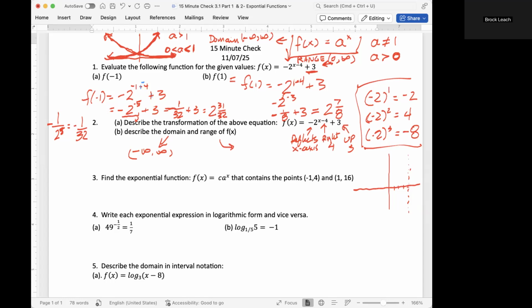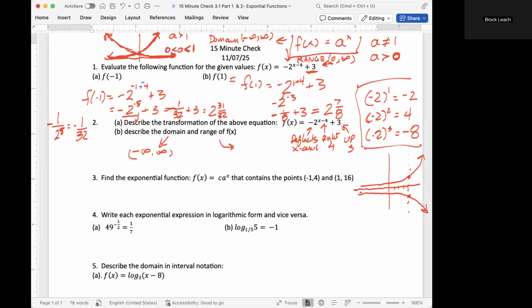Reflecting it is going to move it this way, right? So if it was exponential growth, it would look like this. We're reflecting it. We moved it to the right 3, so it's hitting 1 here and here. Except it's going to be hitting -1 because we're reflecting it.